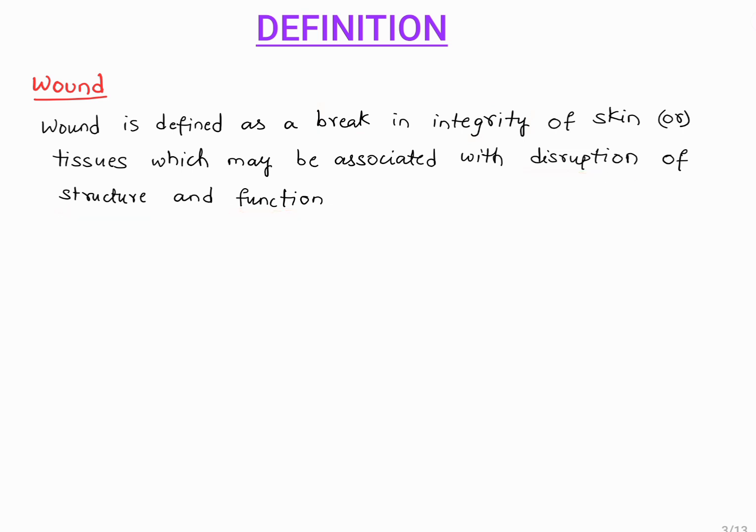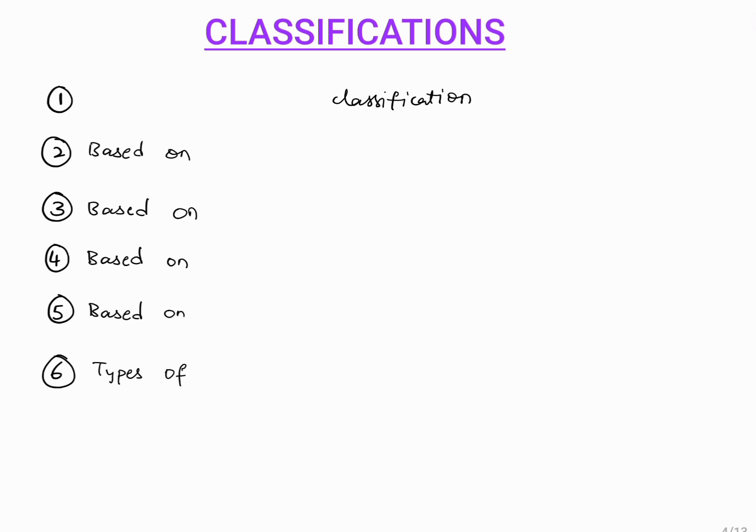After the definition, now let us come to know what are the different classification systems of wounds. There are 6 major classification systems of wound.